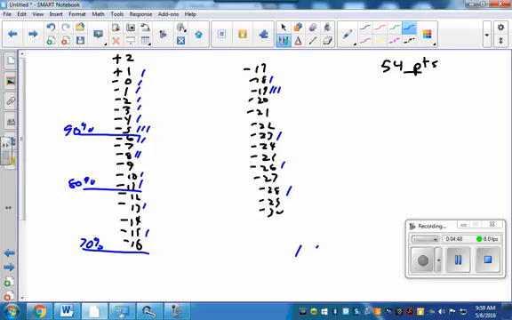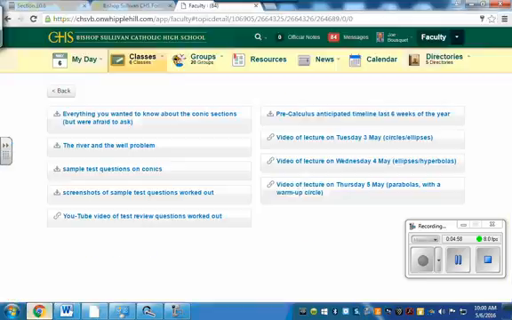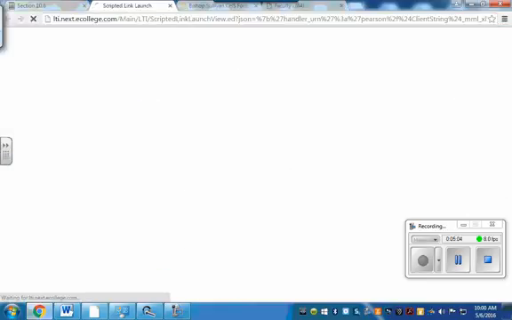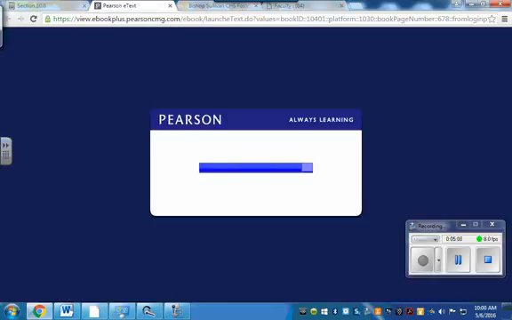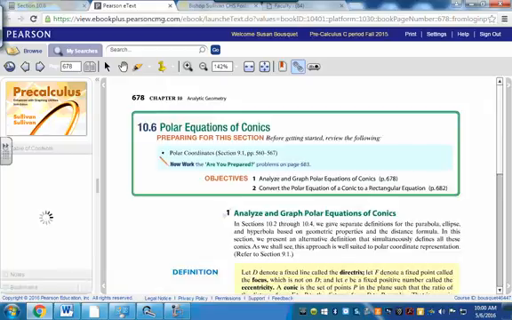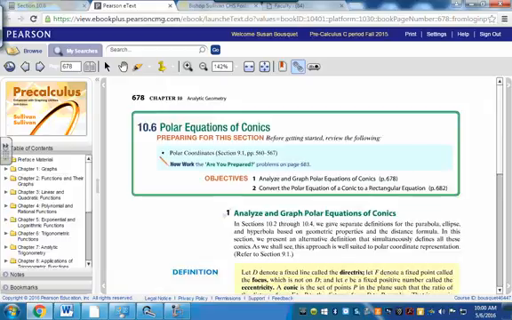Okay. Today we're supposed to be doing section 10.6 in your book, which is conic sections in polar coordinates. I do want to make one change to what the textbook does.